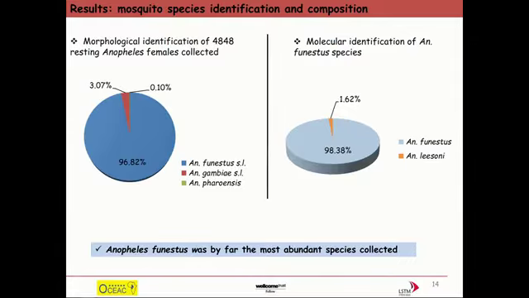According to morphological identification, followed by molecular identification, we observed 3 species in our area, namely Anopheles funestus, Anopheles gambiae, and Anopheles rivulorum. But Anopheles funestus was by far the most abundant species collected.